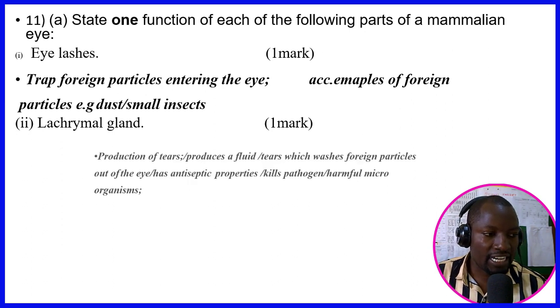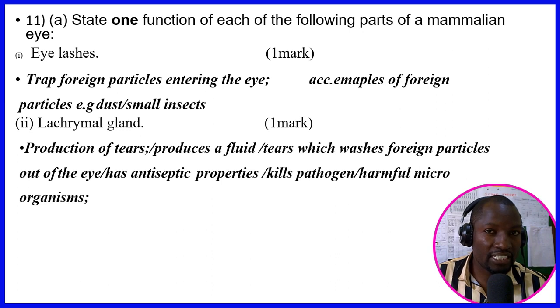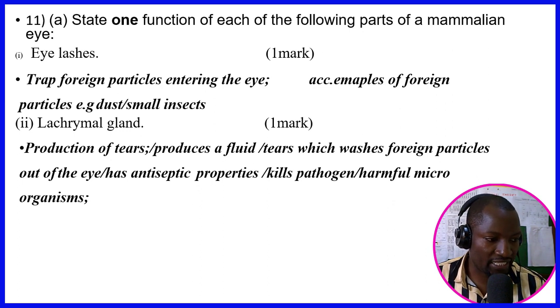The lacrimal gland produces tears, a fluid which washes foreign particles, such as dust, out of the eye. It also has antiseptic properties, which kill pathogens and harmful microorganisms.